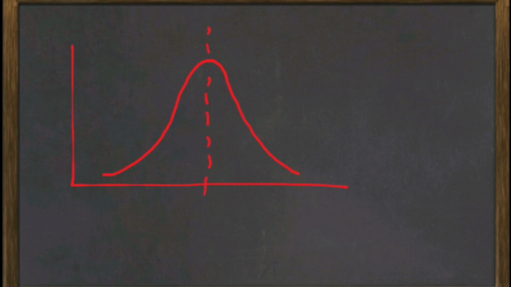Symmetrical being, if I cut it in half, the two halves would fold onto each other. If that's the case, then the mean is going to be right in the middle, and also the median is. If it's symmetrical, half the data is below, half the data is above, that middle point.